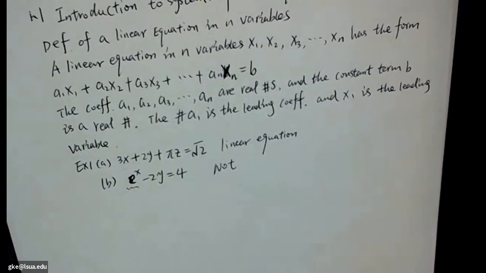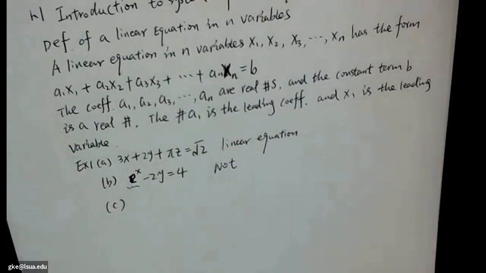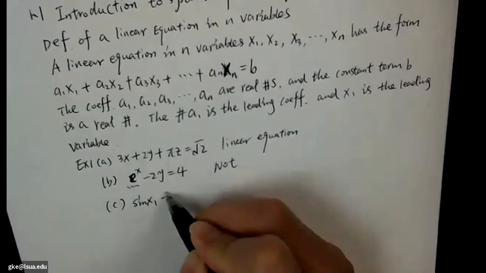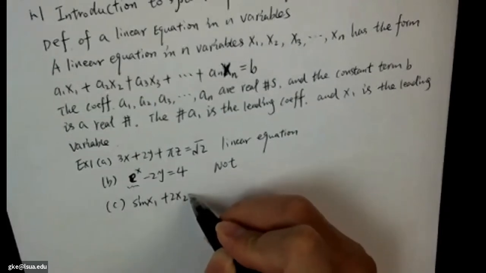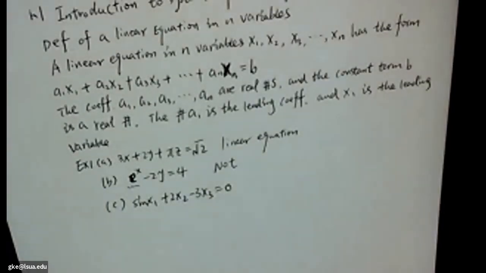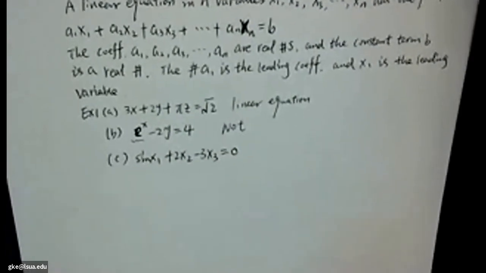Now let's take a look at another one. How about this one? Is that a linear equation? Yes or no? Sine x1 plus 2x2 minus 3x3.